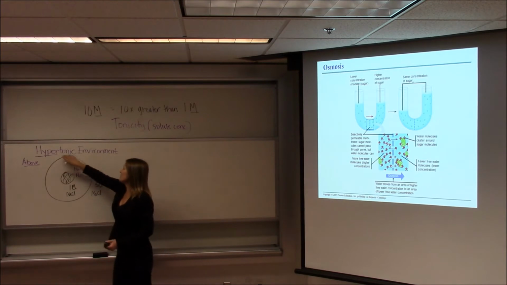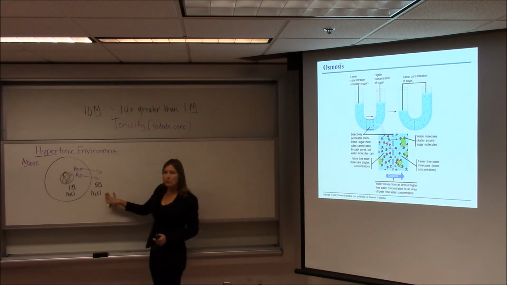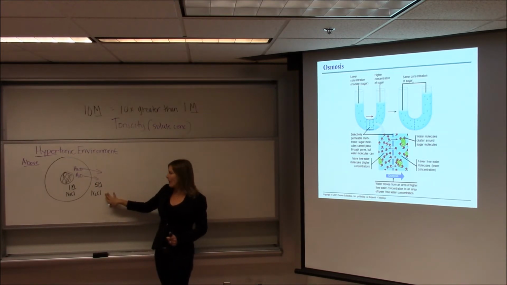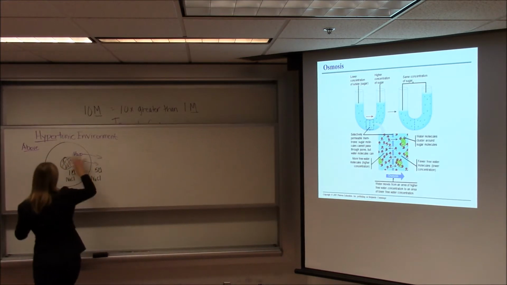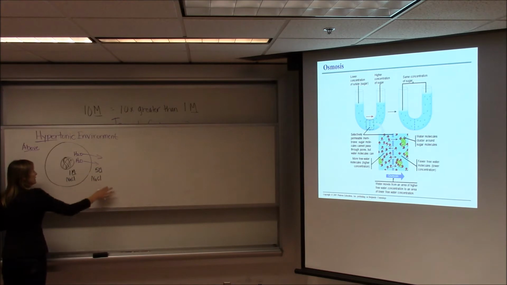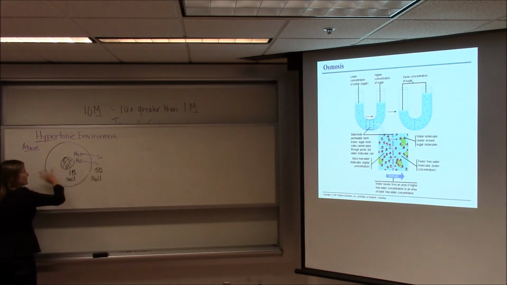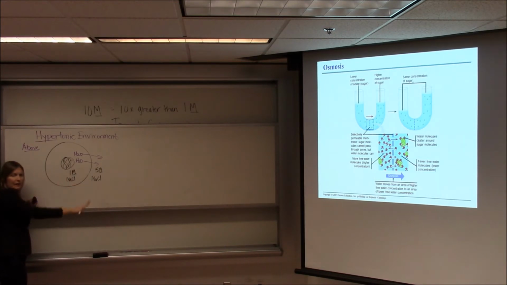This is a hypertonic environment. It is more salty outside the cell. And in this situation, water tends to move out of the cell. It's going to move toward this higher salt concentration to try to dilute it. So rather than just moving the salt in and out, we can move water, and that is called osmosis.